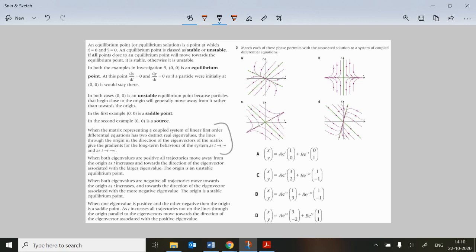So this is kind of talking about, take this one for example. This eigenvector and this eigenvector give us the gradients that we require. So this one is going along the line of y equals minus x, so potentially this one here, or potentially this one here. And this one is going through the line with the gradient of 2/3, that's y over x. 2/3 looks like this one here to me.